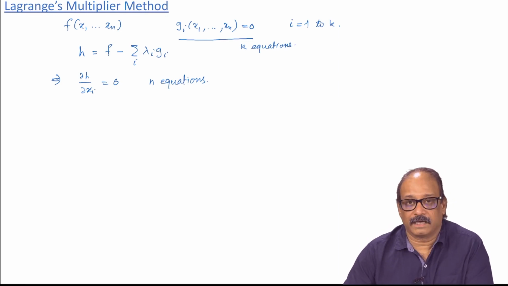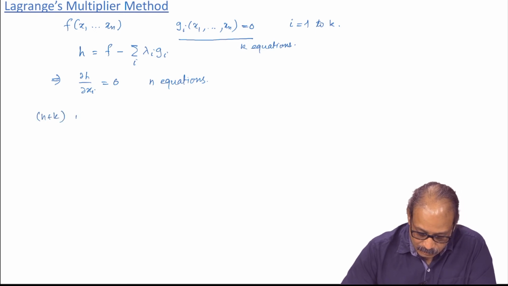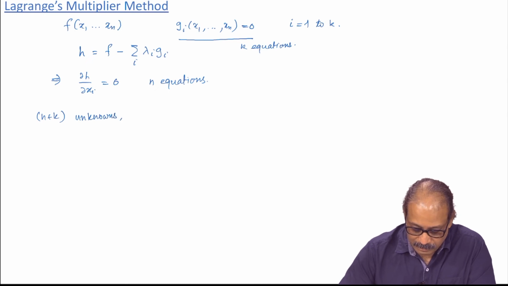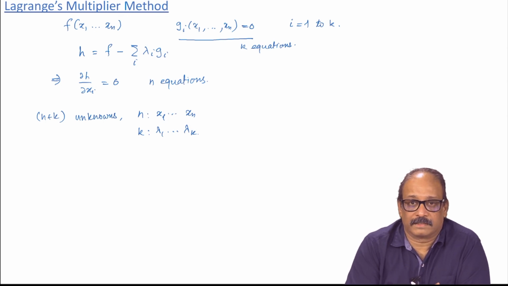So, you have n plus k equations and also n plus k unknowns, out of which n are your variables, x1 to xn, and the remaining k variables are lambda 1 to lambda k. Okay. So, this is the program we want to employ for our non-holonomic systems.